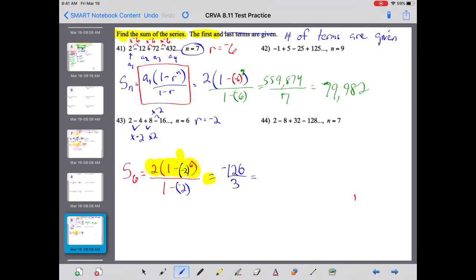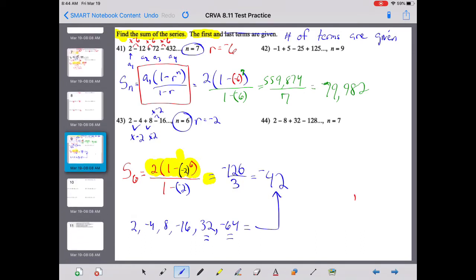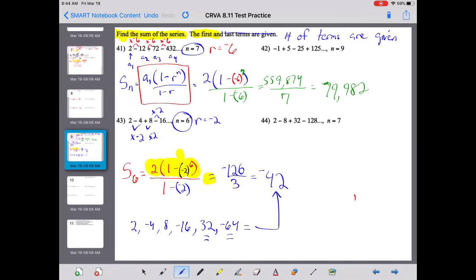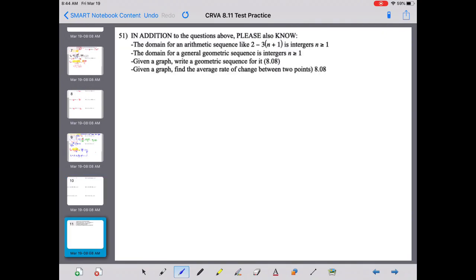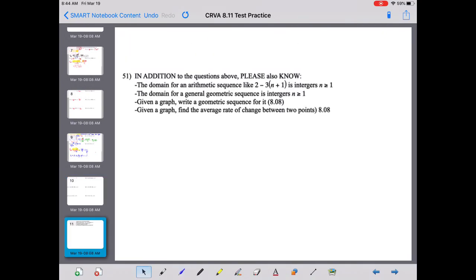Divide that by 3, negative 42. And I took the liberty of finding the 5th and 6th term, folks. So I extended the series through 6 terms, and when we add it up, you also get negative 42, so that works out. Please finish the odds for this section, so there are 3 more. Remember, the answers are on the back of the packet, but make sure you're showing your work.